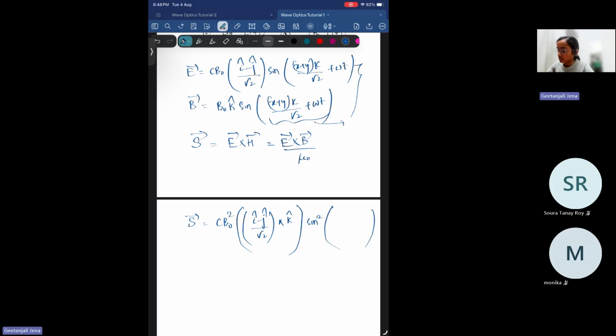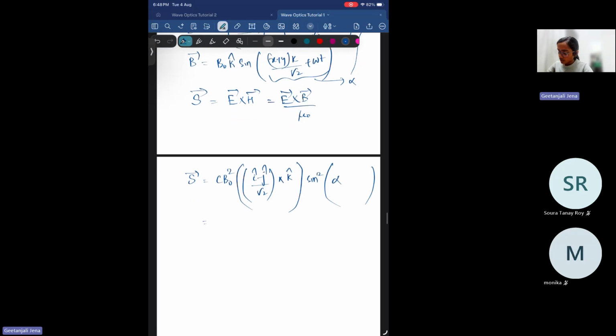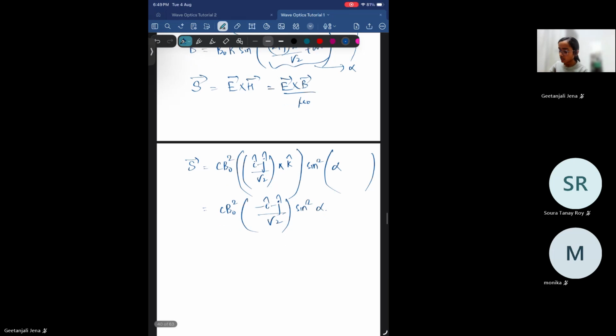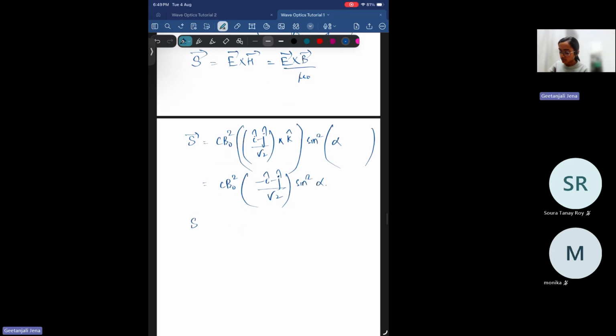Let's say this is alpha. So this will be C B0 square times (minus i cap minus j cap by root 2) sine square alpha. So we can easily find the average.